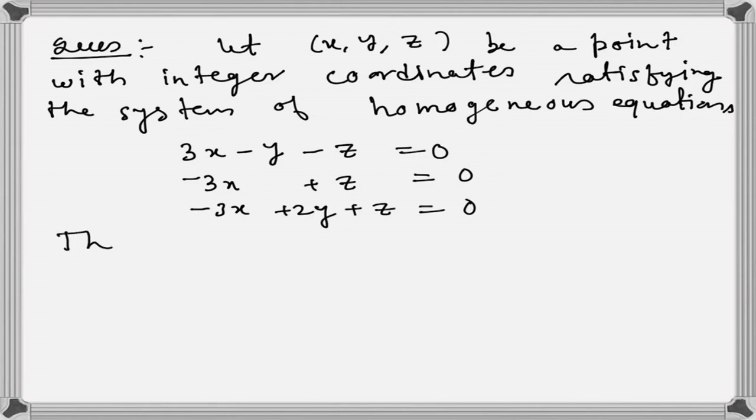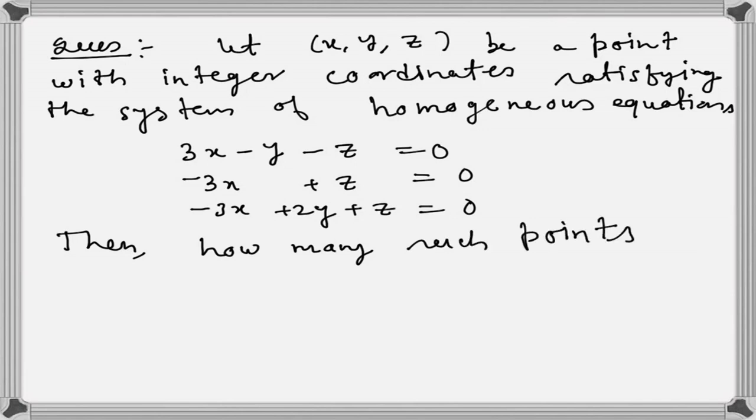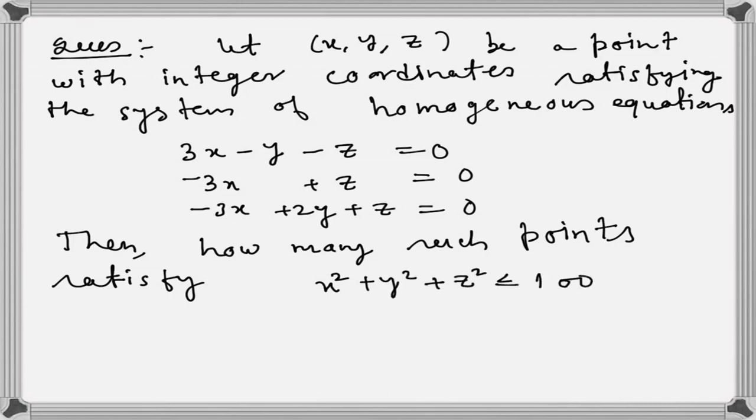Then how many such points satisfy x square plus y square plus z square less than or equal to 100? Okay, so let's solve this.